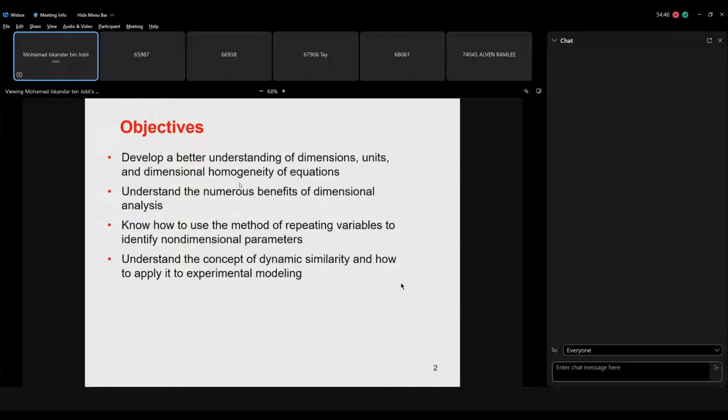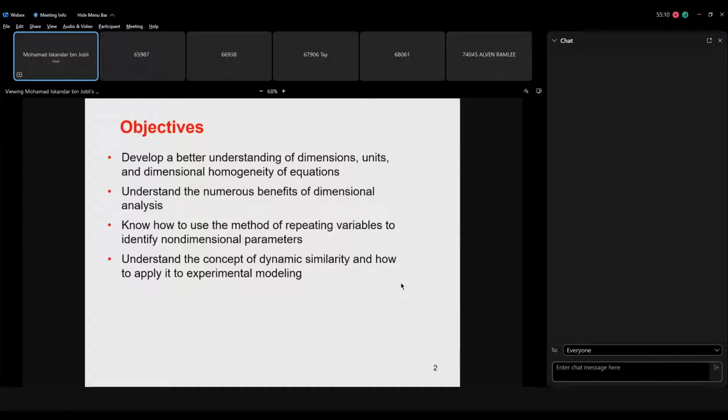This is where it gets quite interesting, because most of the students don't know what this is. It looks simple, but the application is various, it's numerous. You will see the application of this in order to check. When you do modeling, you're going to come up with equations.